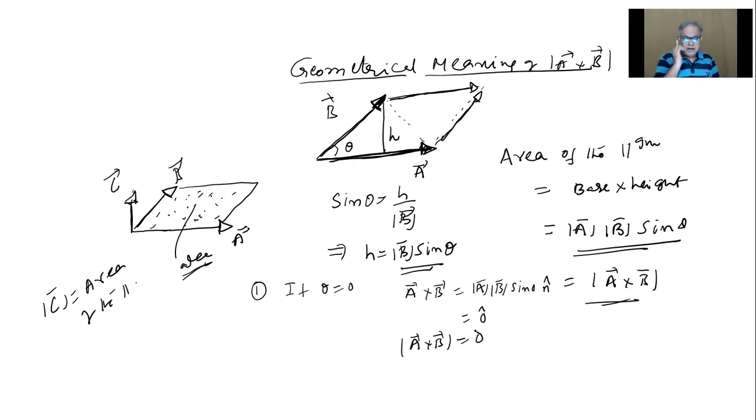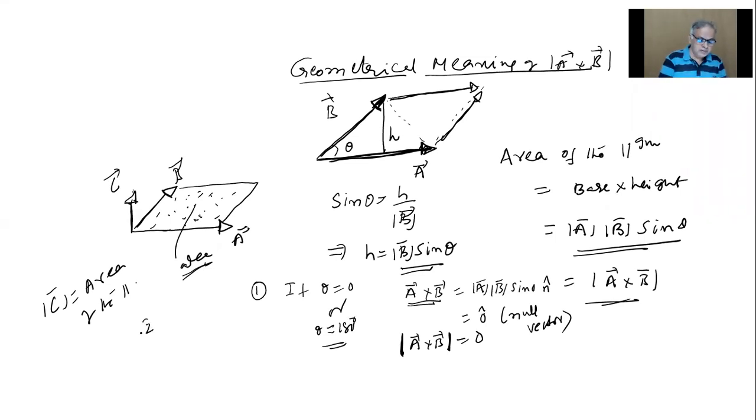So to be correct in terms of notation, if you write A cross B here, which is a vector, you can't write it as 0. It's a null vector. But if you want to write only 0, put a mod symbol like that. That means the magnitude of the cross product is 0. 0, or even theta equals 180.